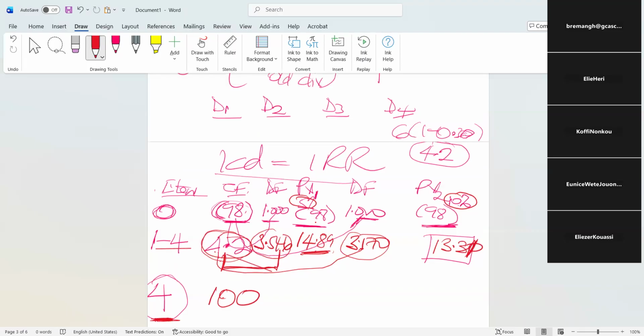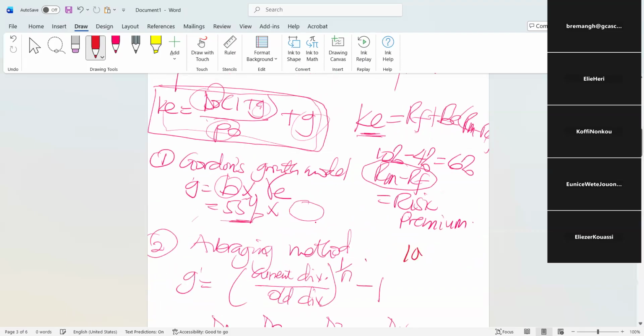If you remember, I said that when the bond is sold at 100, it is sold at par. When a bond is sold below 100, we say that it is issued at a discount. For example, if it is sold at 98, it is issued at a discount. If it is issued above 100, say 102, we say it is issued at a premium.